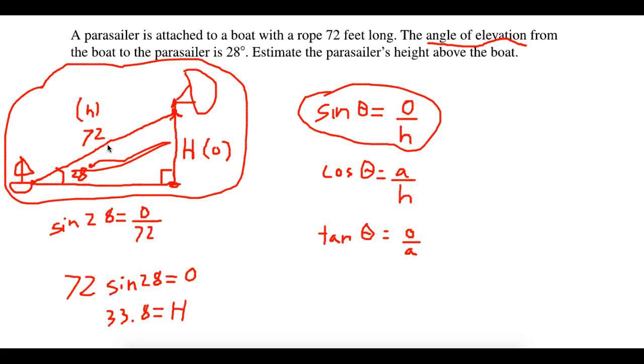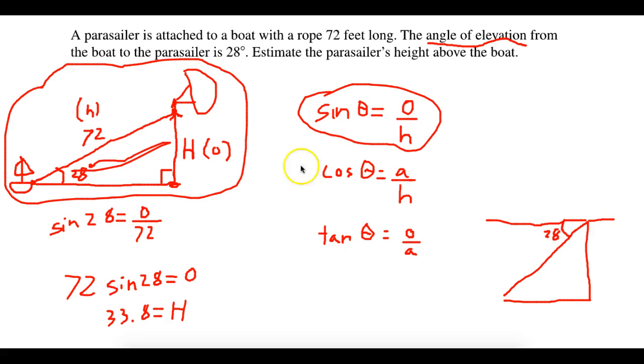Now, this is kind of a side note, if you were standing, let's say, at the top of a building and you were looking down at an object and it said the angle of depression was 28 degrees, that would be the angle from the line of sight down. This would be angle of depression.